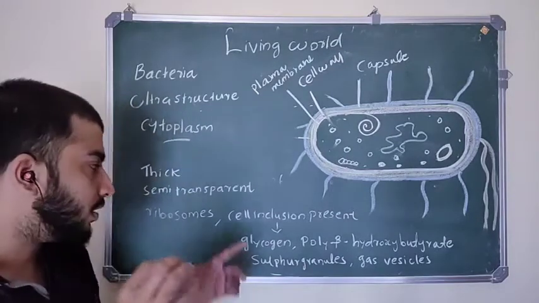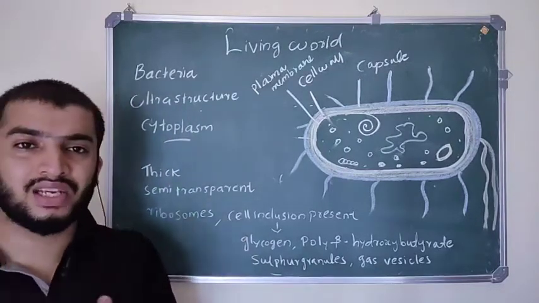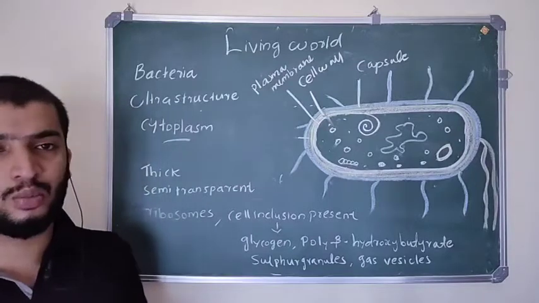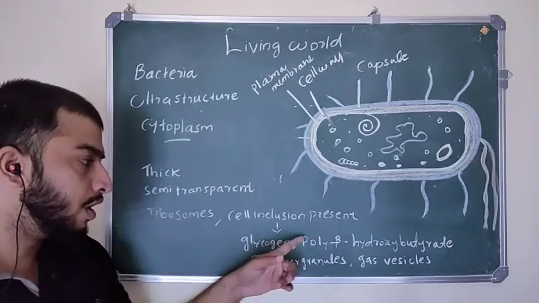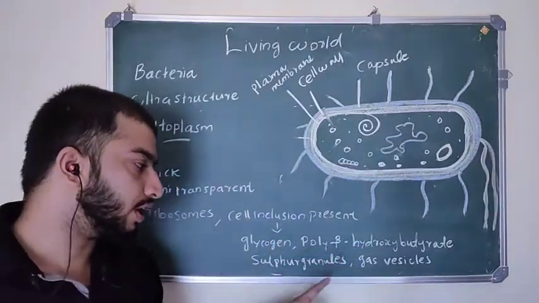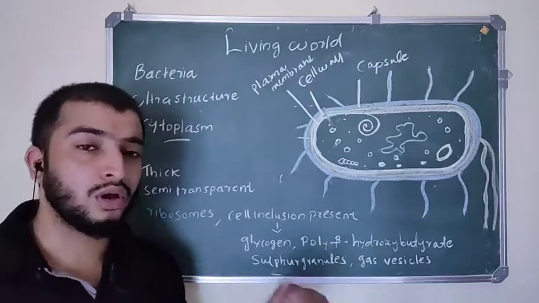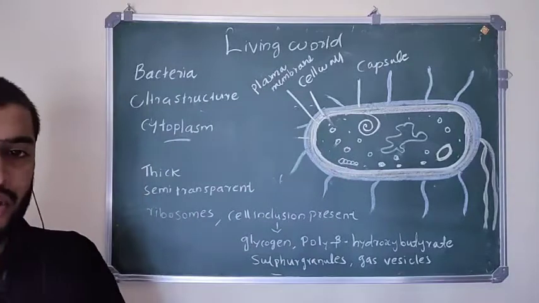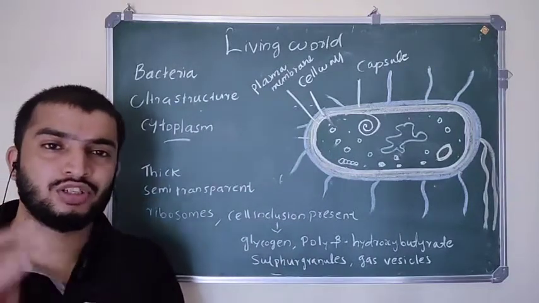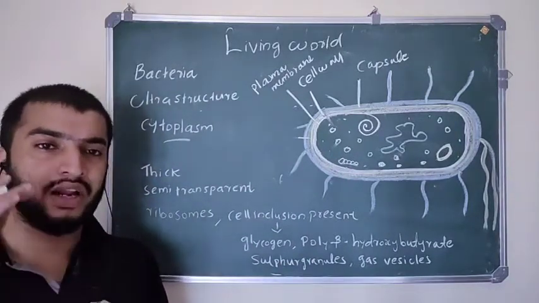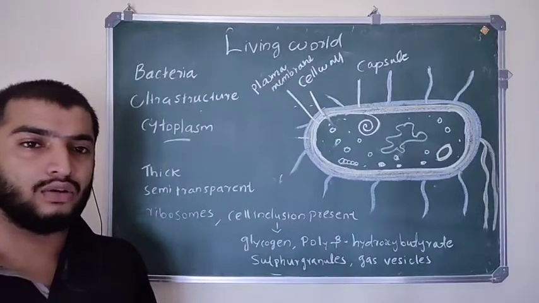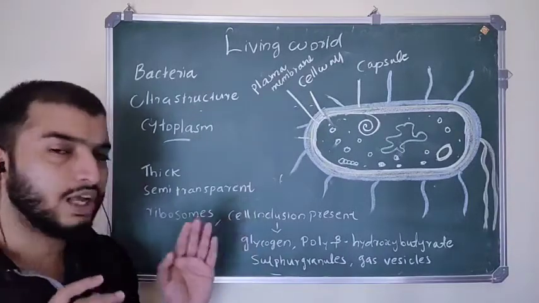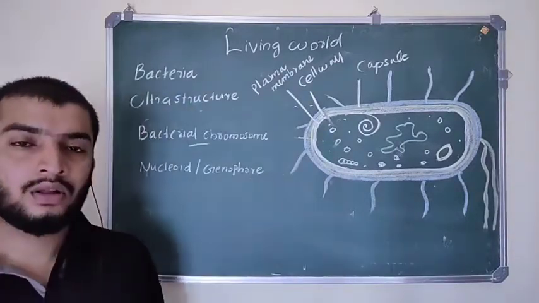Also cell inclusions are present in this bacterial cytoplasm, for example glycogen, poly-beta-hydroxybutyrate and sulfur granules, and also gas vesicles. So the bacterial cytoplasm is thick and semi-transparent, and in it ribosomes and cell inclusions are present.